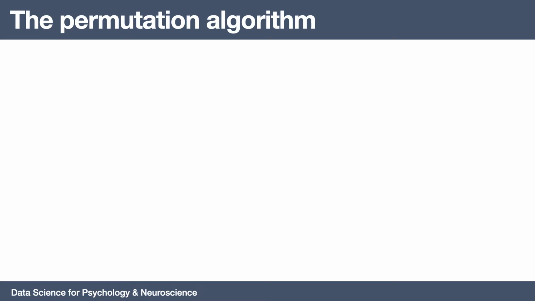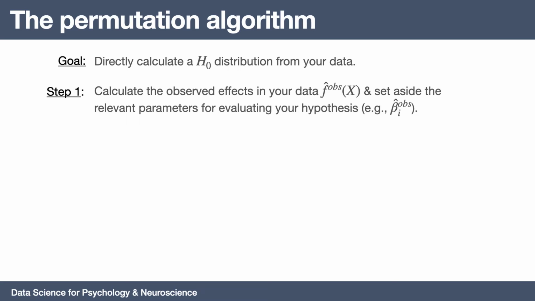So let's go through the algorithm for a permutation test. Remember, the goal is to directly calculate a null distribution from your data. So first, you calculate the observed effects in your data. We'll call this f hat observed, and set aside the relevant parameters for evaluating your hypothesis. In this case, if you're using a linear regression model, the terms in your linear regression model that are relevant for your hypothesis.